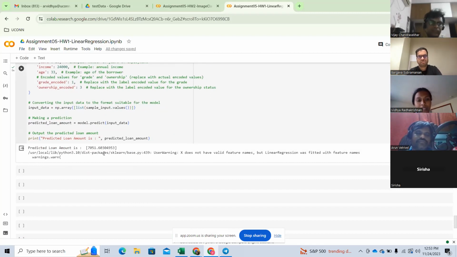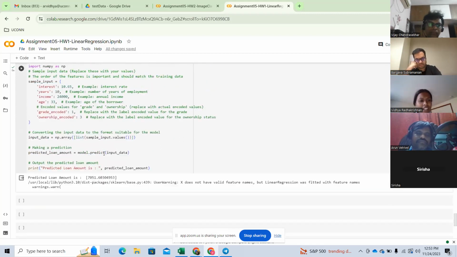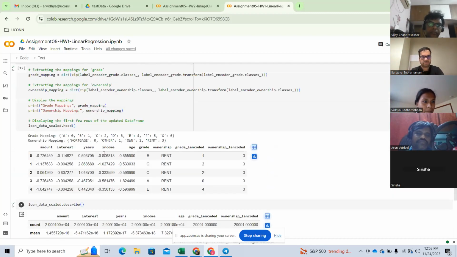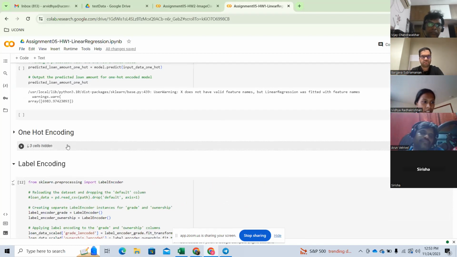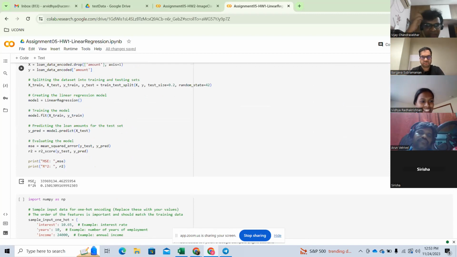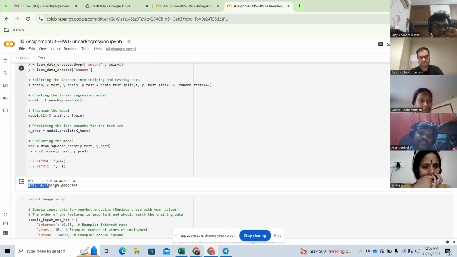So it's about 100 points difference. And this is without standardization. Here, the R square was 0.15. So yeah, that's it.